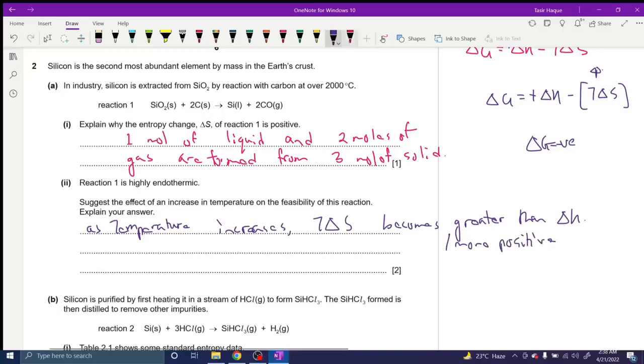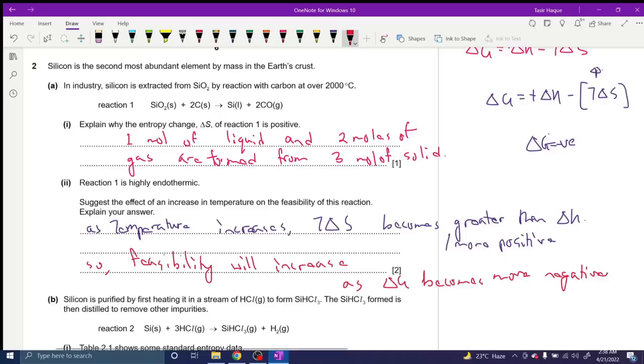Okay, next step. Feasibility will increase as del G becomes more negative.